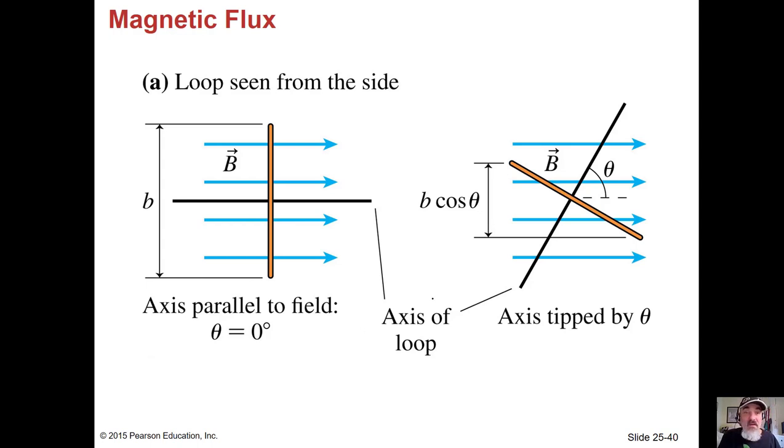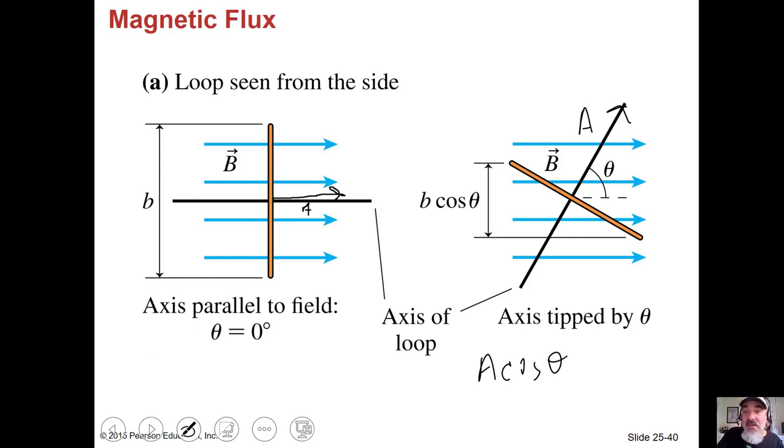Okay, so here's a side view of a loop. This is defined as the area vector, perpendicular to the loop. I'll have to use my pen. Here's the loop again. Here's the area vector of the loop. So the formula says the effective area would be a cosine of theta.